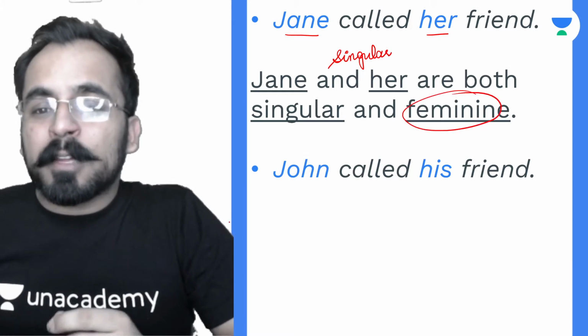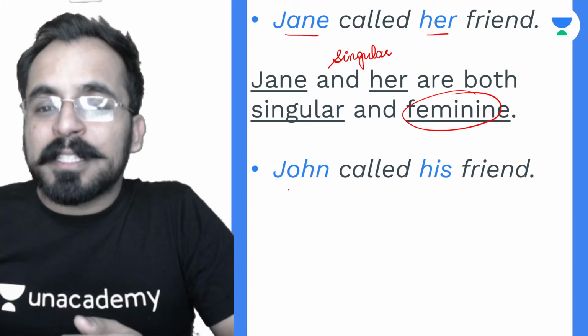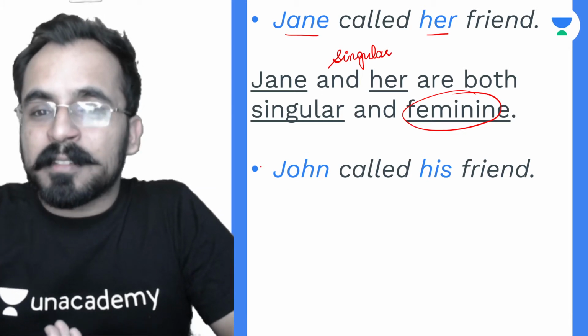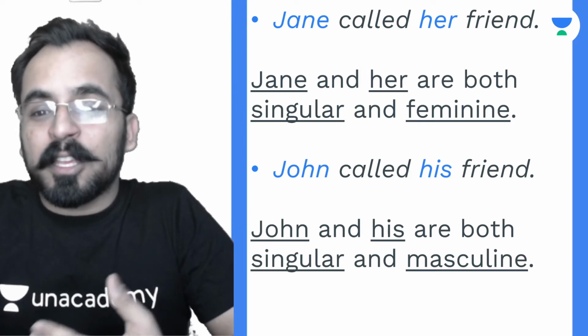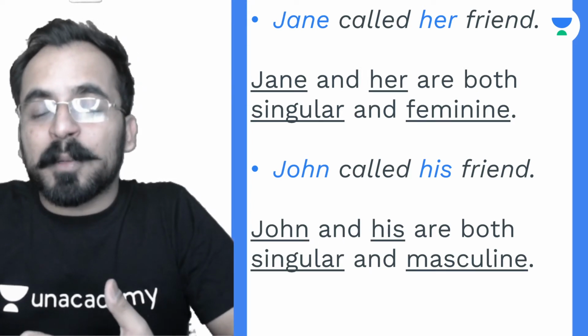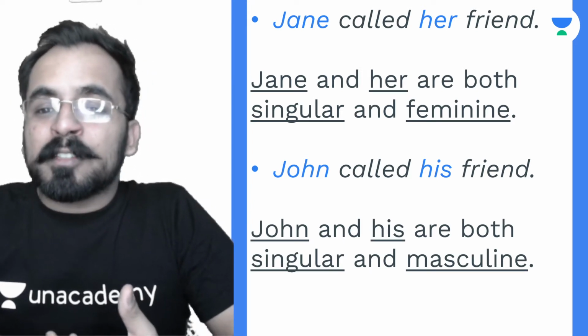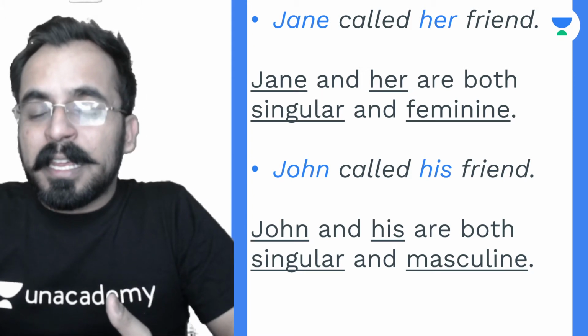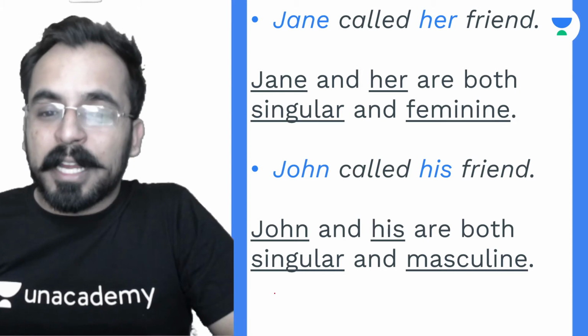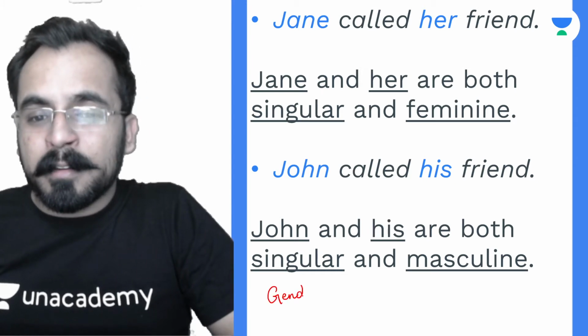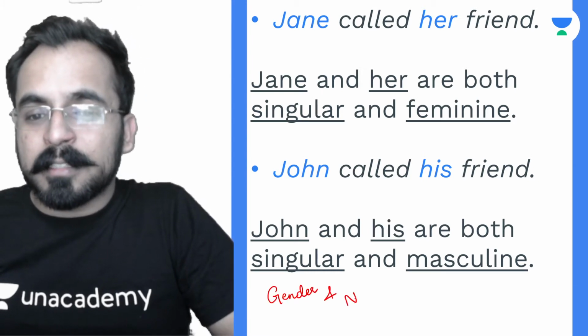If you look at the second example, which says John called his friend, John and his are both singular and masculine. Right. So the pronoun that agrees with the antecedent should agree both in gender and number. That is the rule.